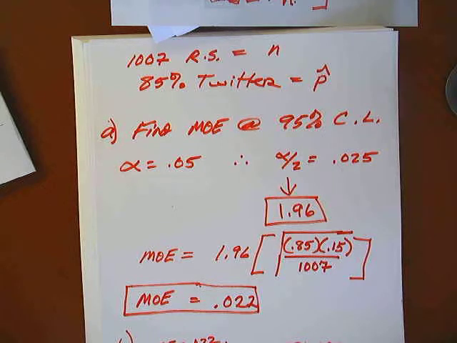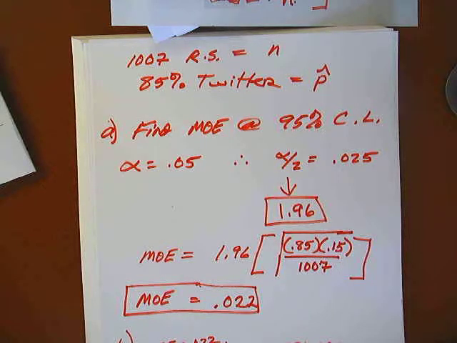All right, now the C portion of the problem says, based on the results, we can safely conclude that more than 75% of adults know what Twitter is. Yeah, because ours is 0.85.